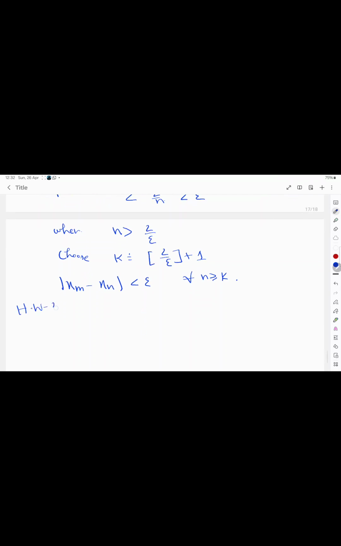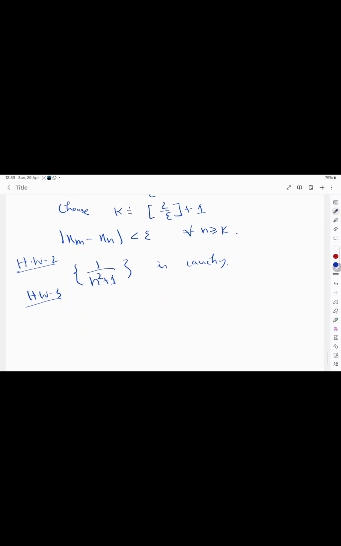Your homework 2 is: 1 by n square plus 1 is Cauchy. Homework 3, this is the theorem, which we have already discussed.